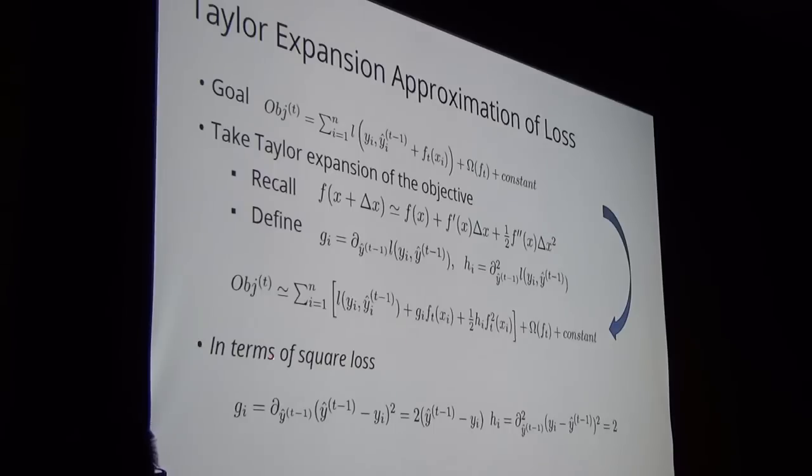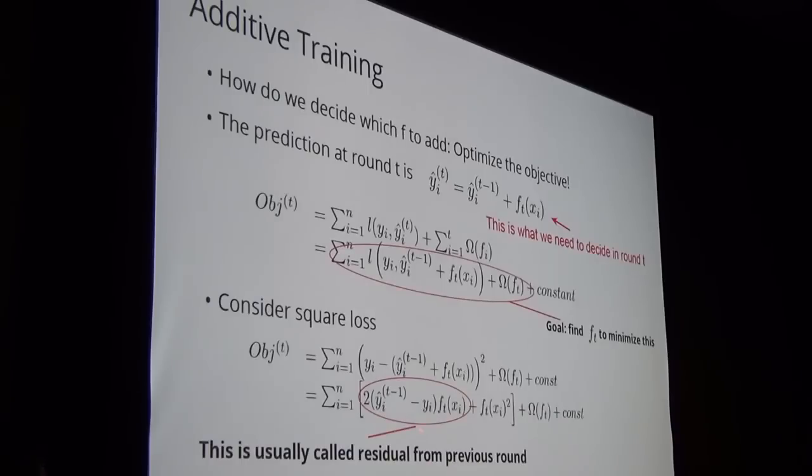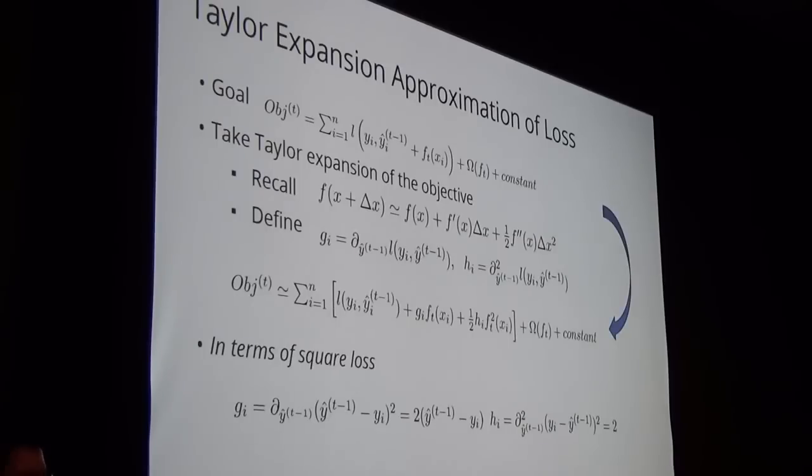And if you're not comfortable with Taylor expansion, in the context of square loss you can plug square loss back and you get exactly what you have in this slide. So this function is exact for square loss, but for general loss it's an approximation. But it's okay to have approximation in the sense that we are doing multiple steps, and eventually we can prove that they will converge.